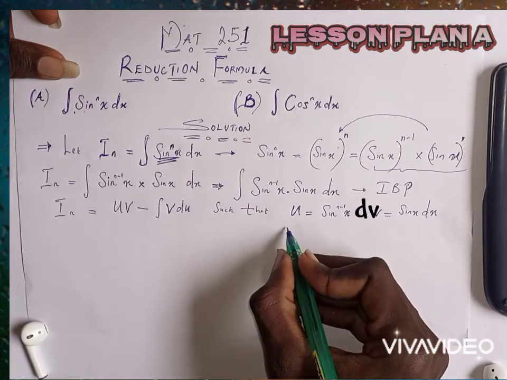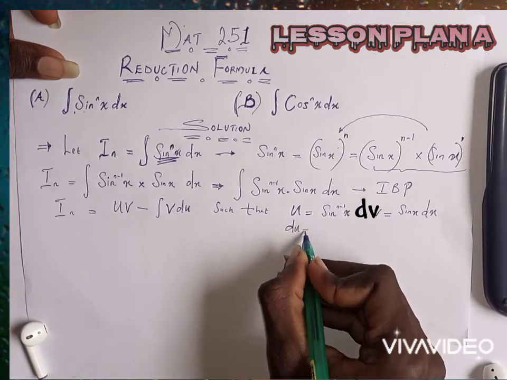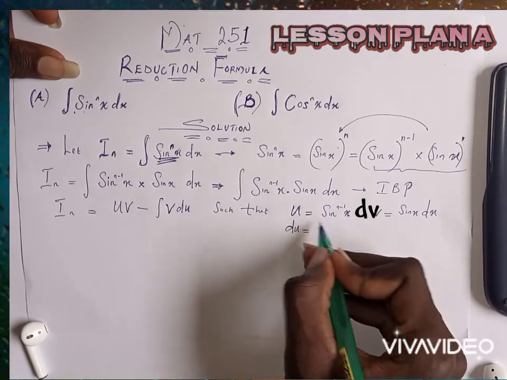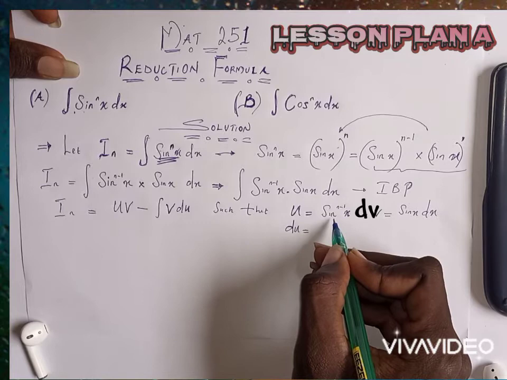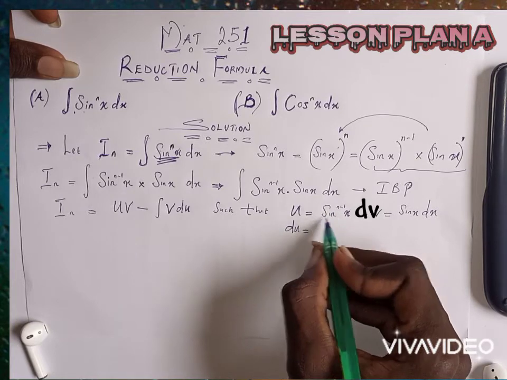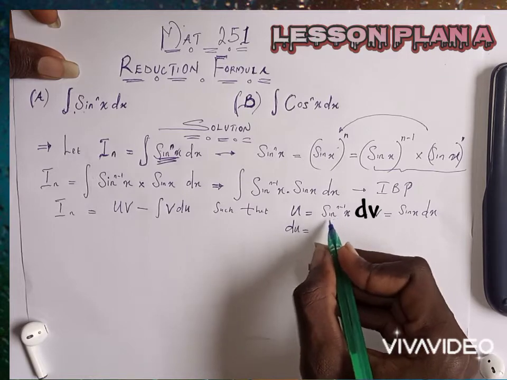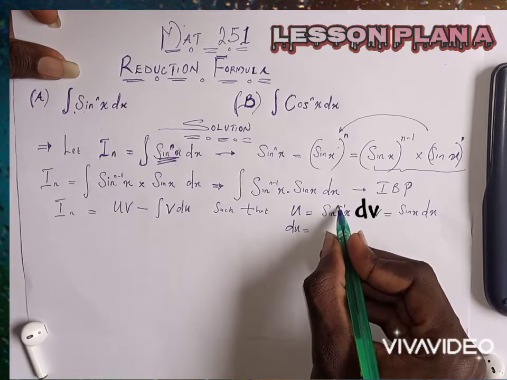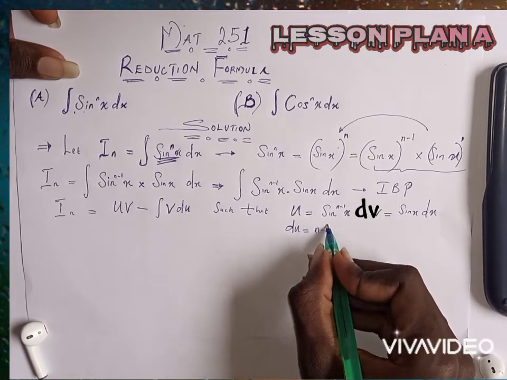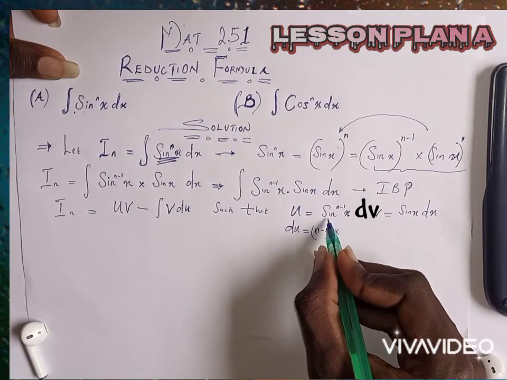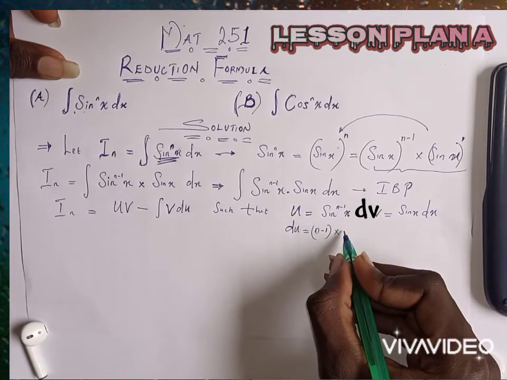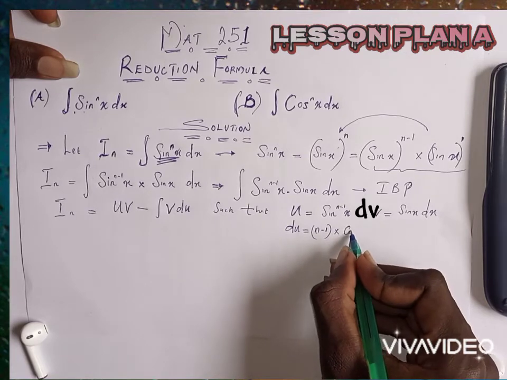Then when you get here, we believe that du equals, I can decide to use the trigonometric rule here, the trigonometric function of differentiation, and then I will have to take this n minus 1 down times differentiate this sin x. When I differentiate sin x, I will have what? cos x.